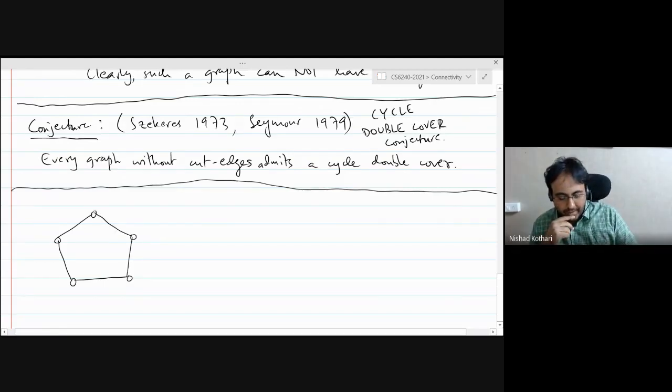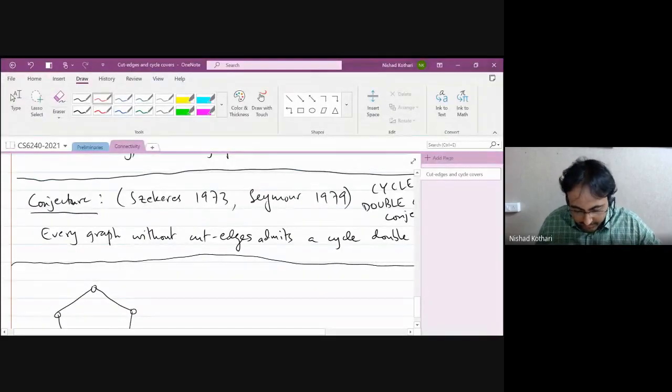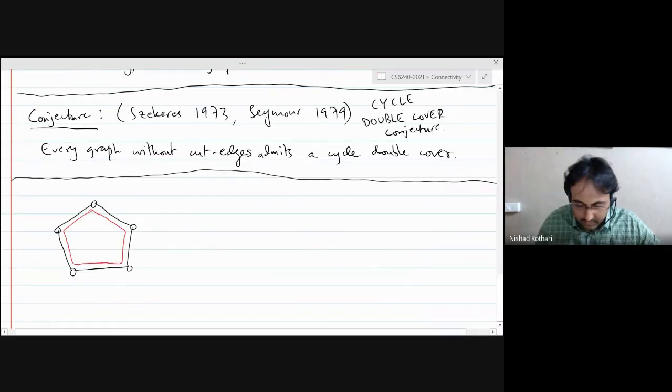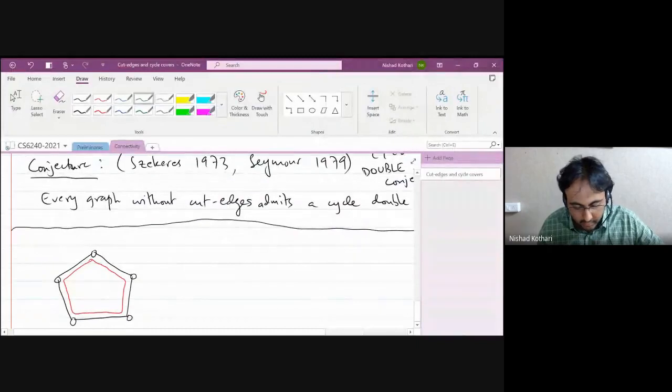Right, so there is a technicality which we need to address here. So we are going to allow in this collection for a cycle to appear twice. So a cycle double cover of this graph, yeah, it might seem slightly like cheating, but that's the definition we are following. So we will take this cycle once, and then we will take the same cycle twice, another time.